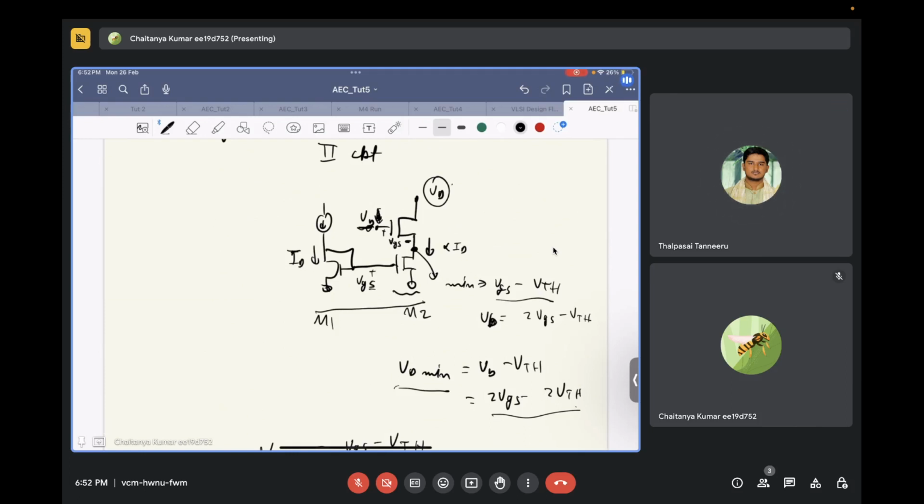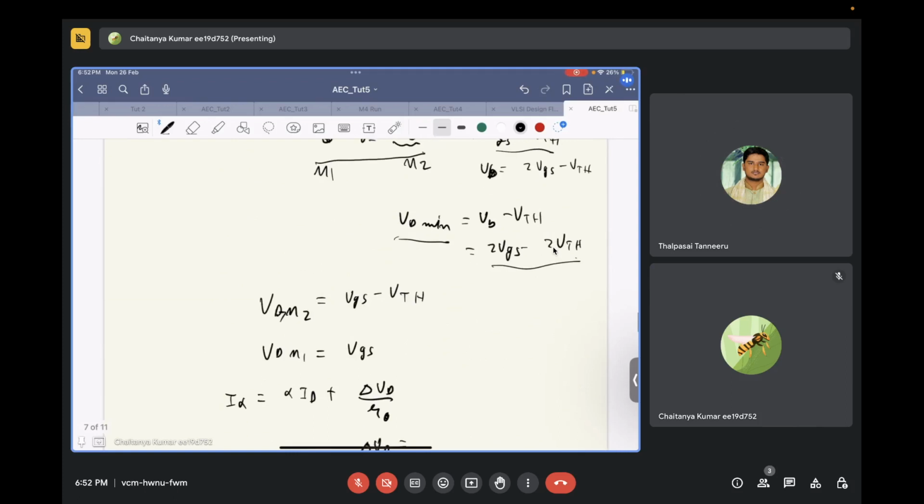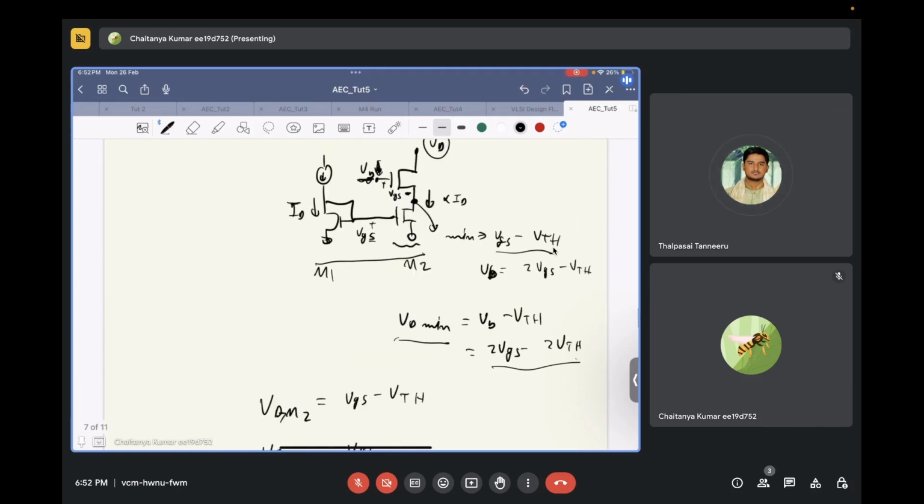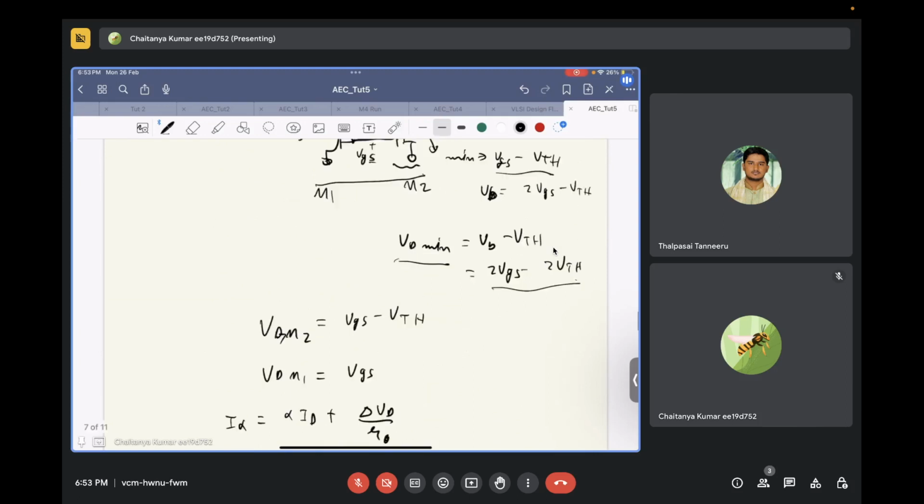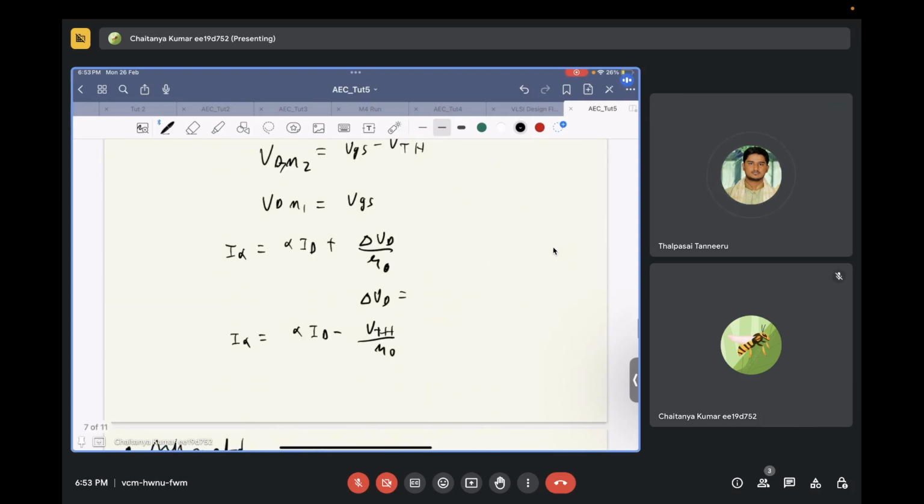So if the drain voltage of transistor M2 has come to VGS minus VTH, what can you do in transistor M1 to remove this particular error, that is delta VD by R naught error? What change can you make in transistor M1 to remove this error?